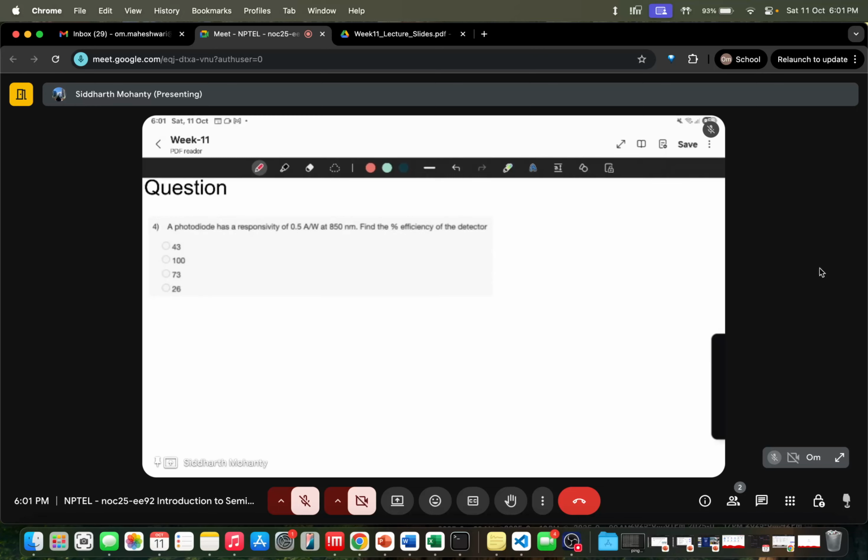All right, let's take this question. A photodetector has a responsivity of 0.5 at 850 nanometer wavelength. Find the efficiency of the detector.